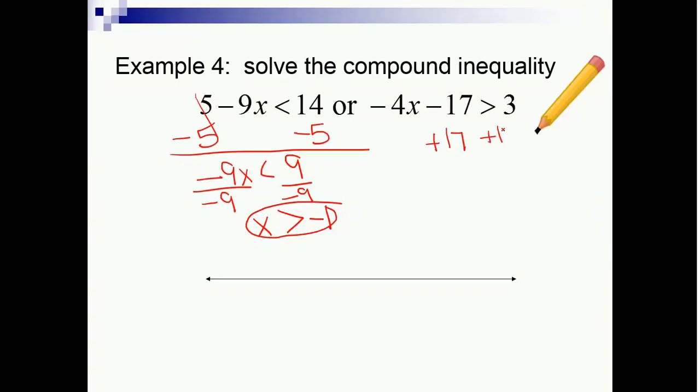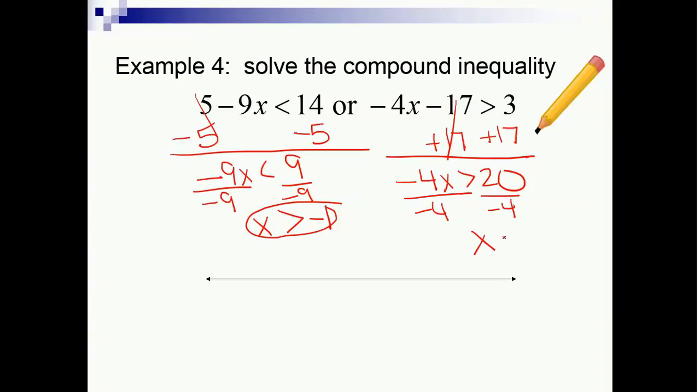Add 17 to both sides. I get 20. Negative 4x just comes along for the ride. Divide by negative 4. Uh-oh. Gotta flip my sign here. So I should get negative 5. Perfect. So my answer is x is greater than negative 1, or x can be less than negative 5.